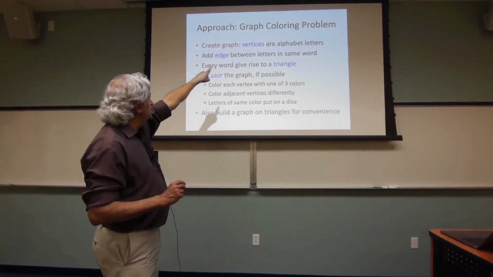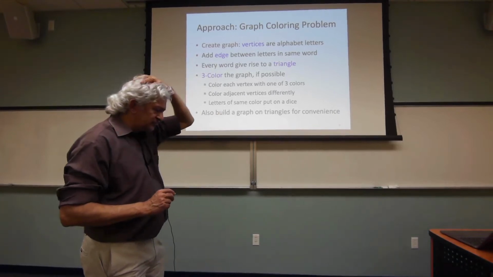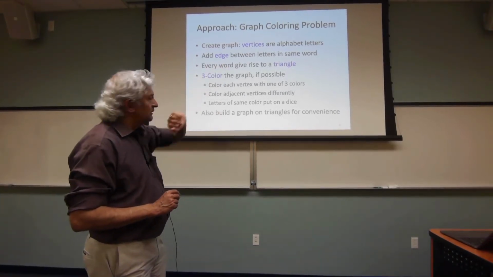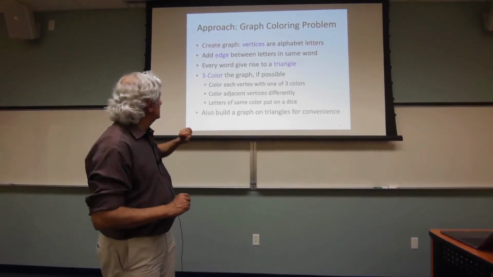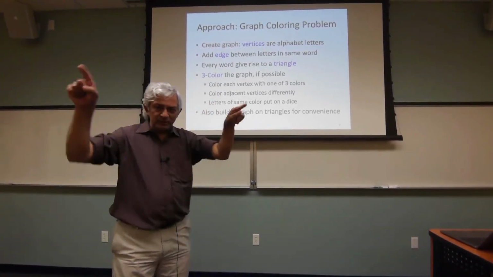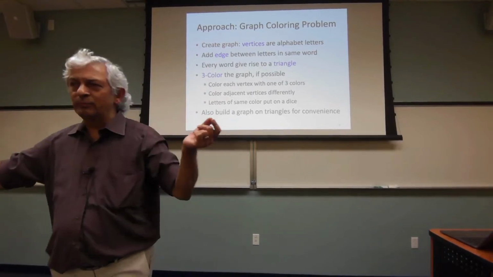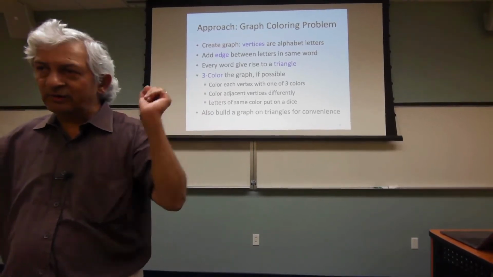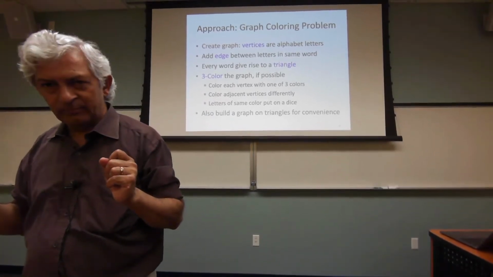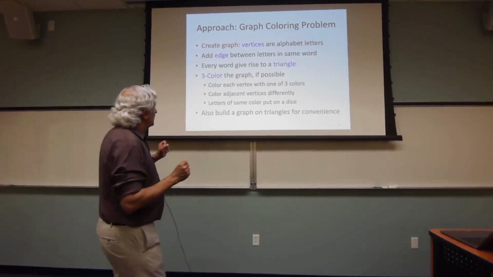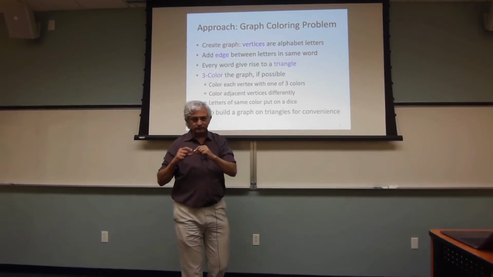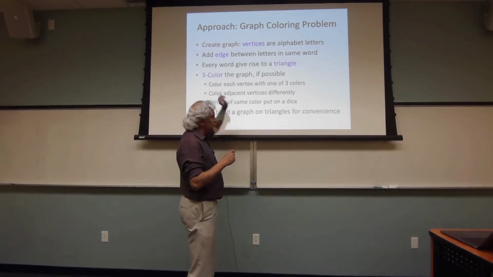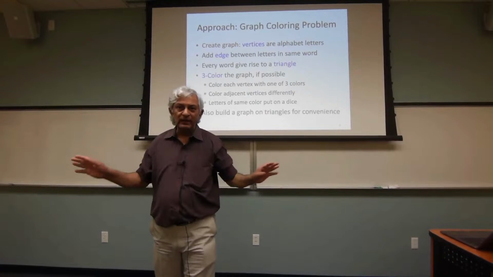So we want to create a graph where the vertices are letters of the alphabet. And if you have an edge between 2 letters, it means somewhere they're part of the same word. Okay? And so every word gives rise to a triangle. And we want to use only 3 colors. We're only allowed 3 colors.